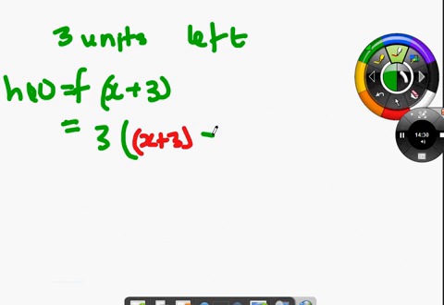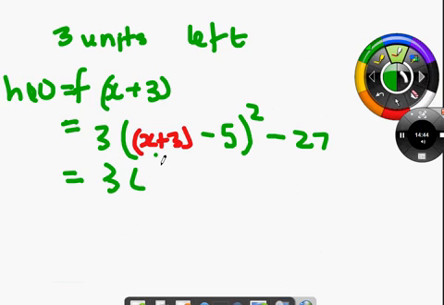There was a minus 5 there, then squared, then minus 27. Do you see? I'm now shifting this graph. All I have to do to get the equation is 3 bracket x minus 2 squared minus 27. That becomes your new equation.